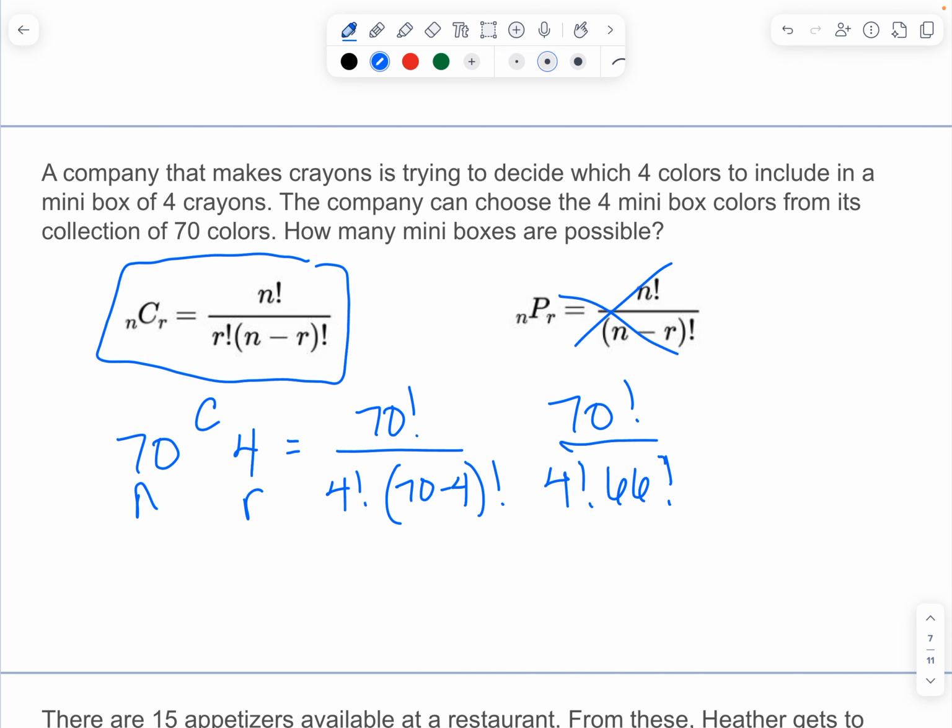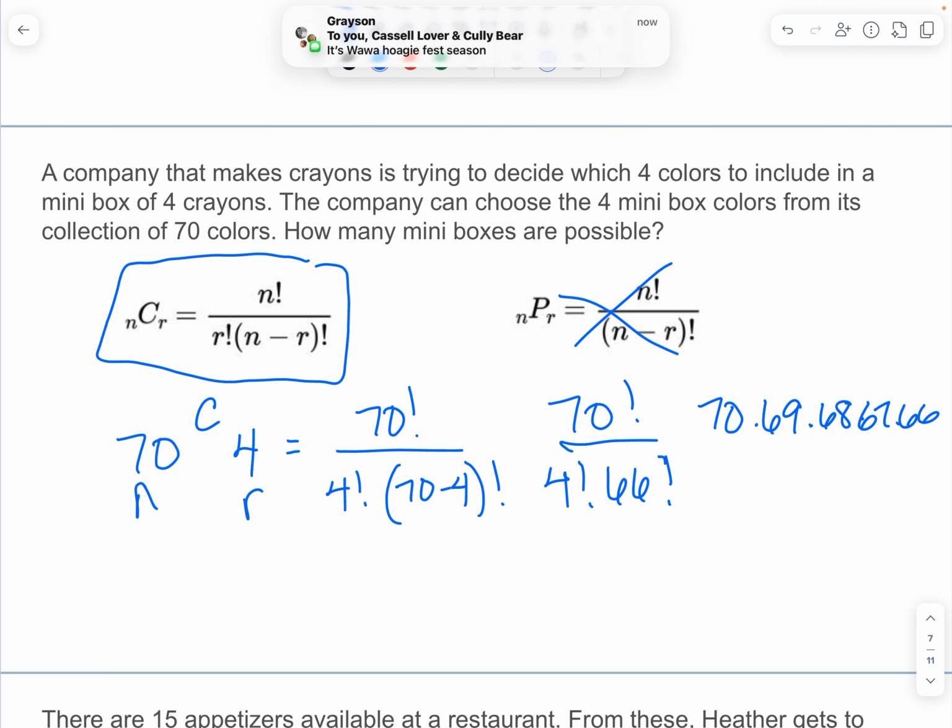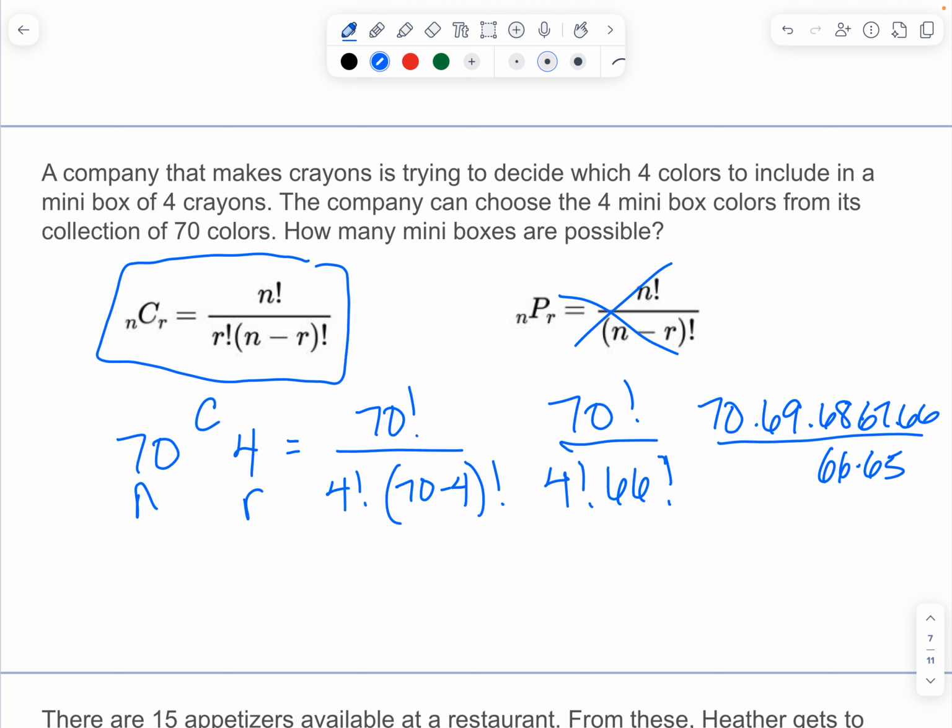Hopefully you have figured out that you can sort of do a little cheating here. So I'll do 70, 69, 68, 67, 66. And then down the bottom, I have 66 times 65, right? And then we also have 4 times 3 times 2 times 1. Thank God we can cancel out 66 and everything below that.